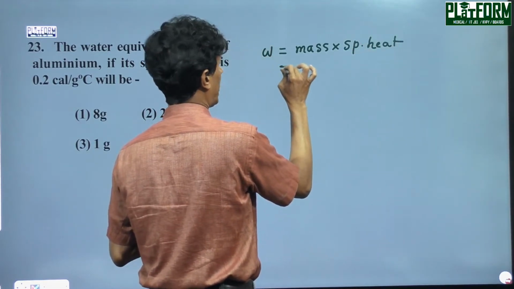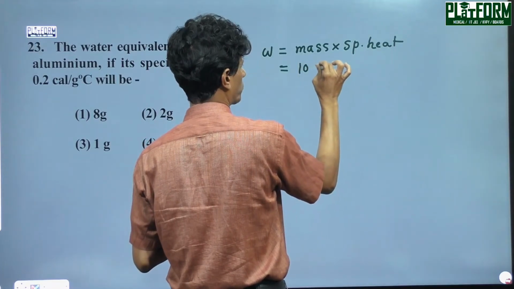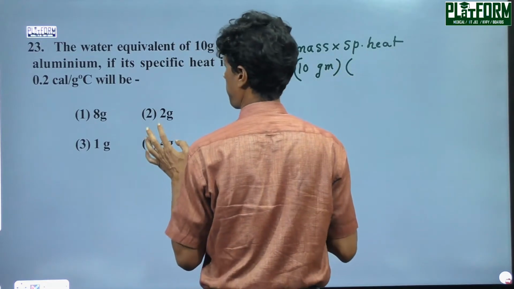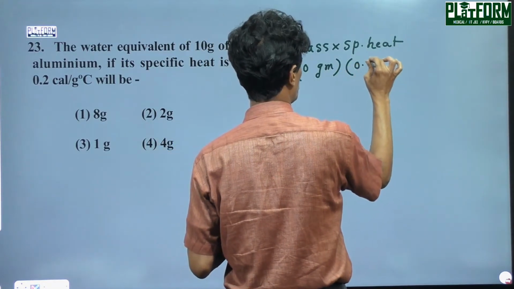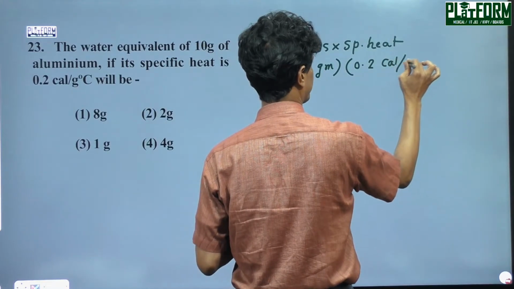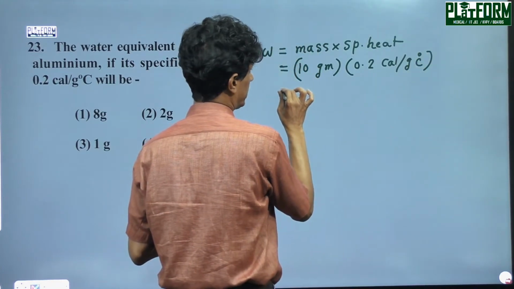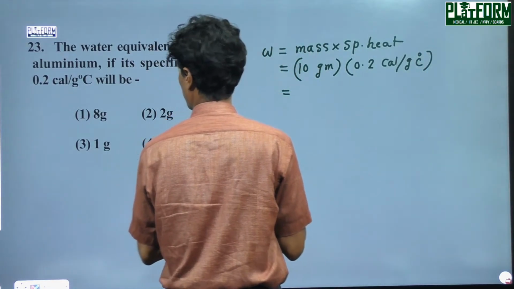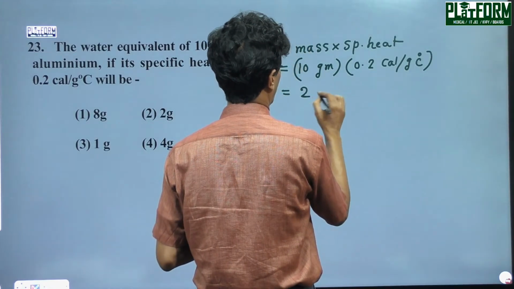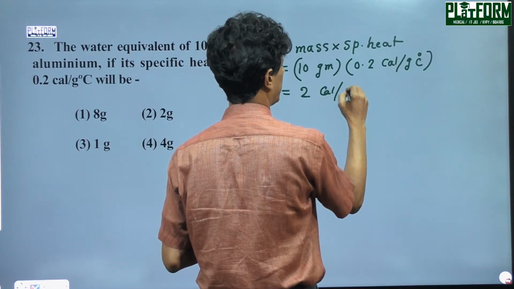So the mass of the aluminium body is equal to 10 gram, and specific heat is 0.2 cal per gram per degree centigrade, and this becomes 0.2 cal per degree centigrade.